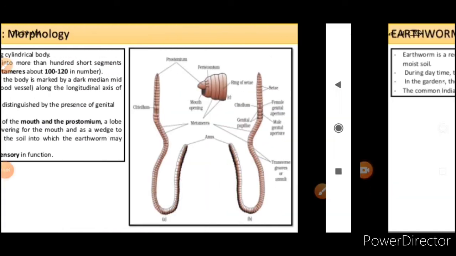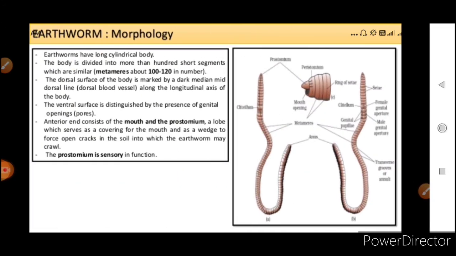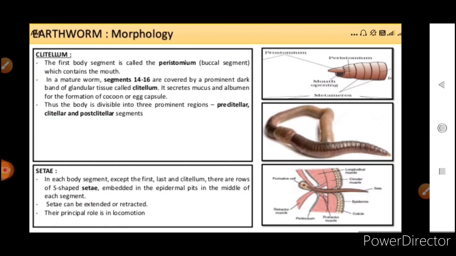So what we saw in earthworm was the morphology. First we saw the basic things to know about earthworm. Then in morphology we saw the peristomium, prostomium, and metameres; the whole body is segmented, having 100 to 120 segments. Then we saw the clitellum, and the setae which are used for locomotion.